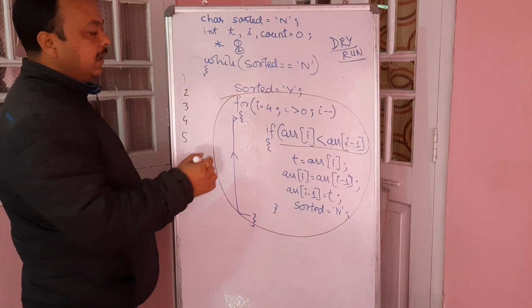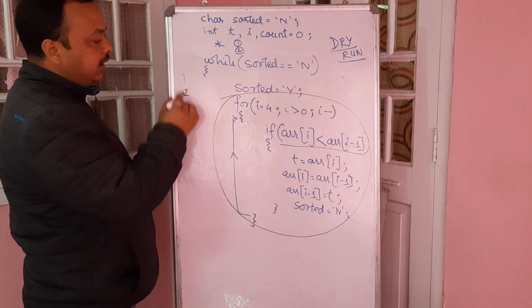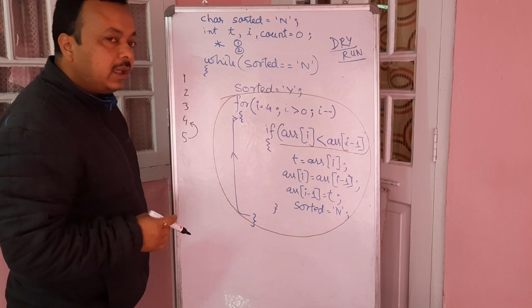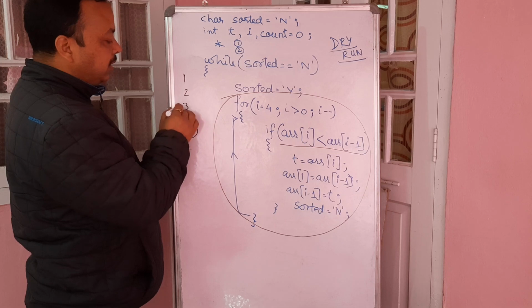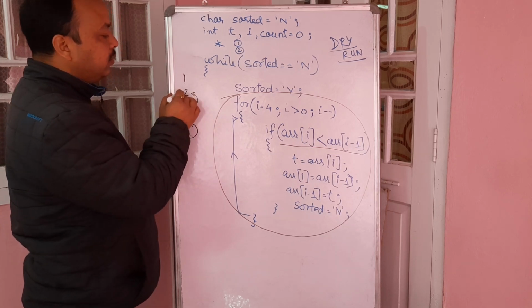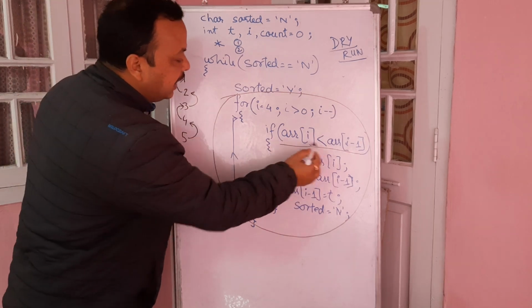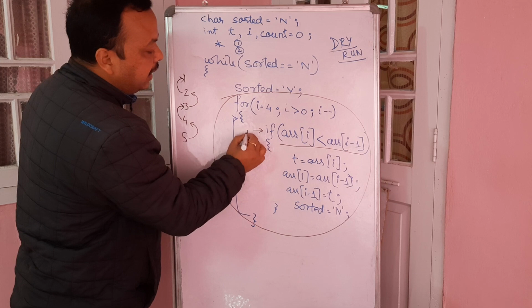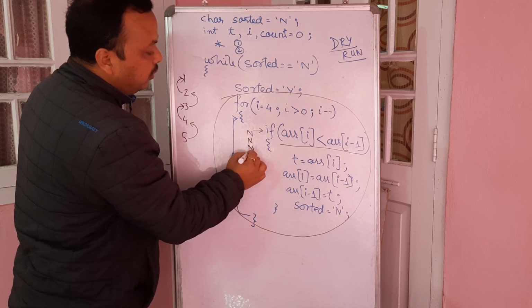Mark my words, if the array is already in order, I'll compare: is 5 smaller than 4? No. Is 4 smaller than 3? No. Is 3 smaller than 2? No. Is 2 smaller than 1? No. So every time I'm checking inside this for loop, this if statement is saying no, no, no, no.